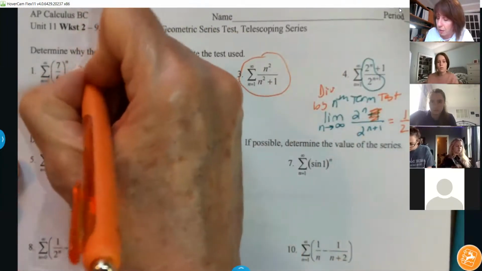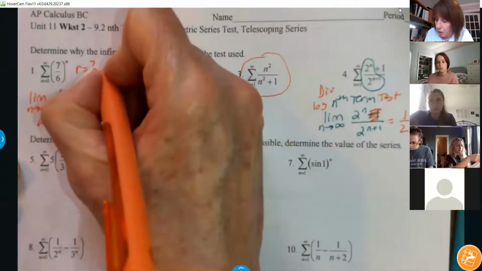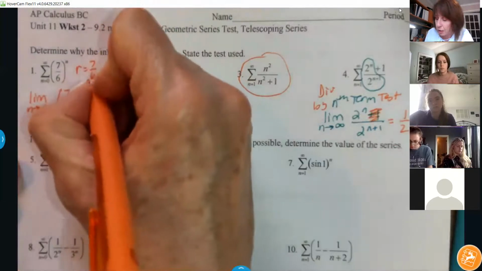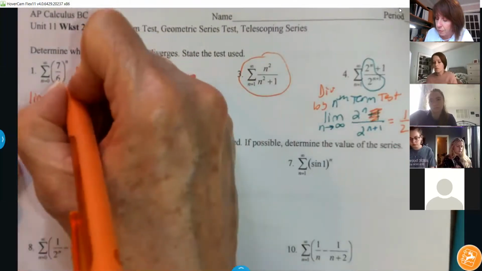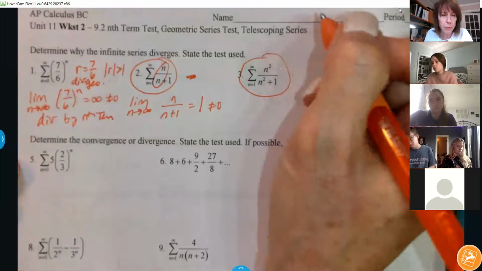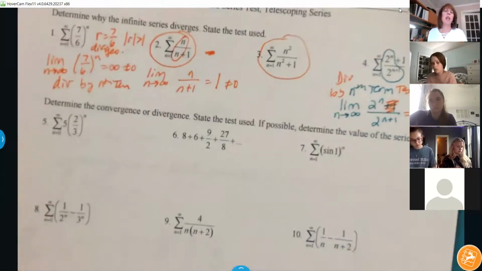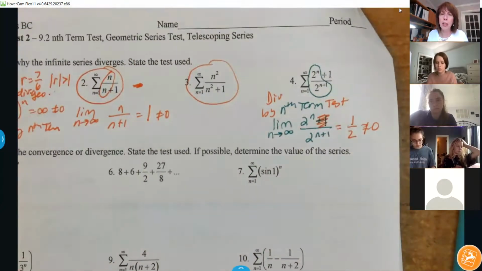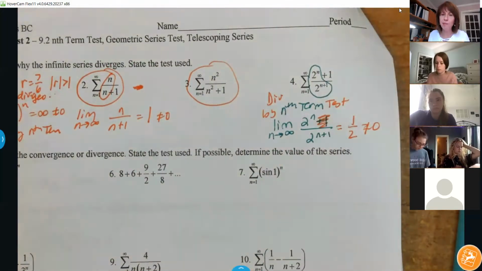R here would be 7/6. So the absolute value of R is greater than 1, so we diverge by geometric test, either one. I get why you asked me about that, because we don't see it a lot in the nth term test problems, but yes, that would be an nth term test.